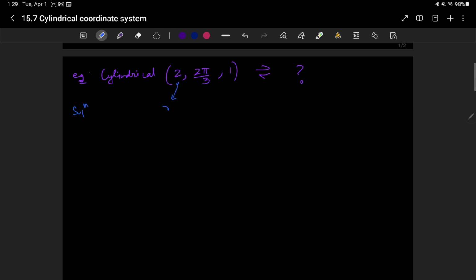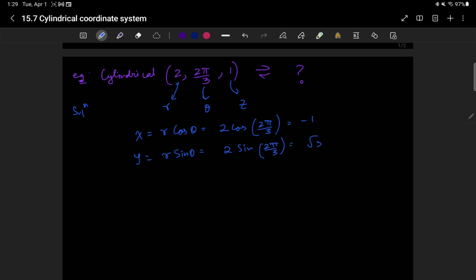Comparing the positions, that's r, that's theta, and then that is z. If I have r and theta, I can find xy. This is r cosine theta, which is 2 cosine 2 pi over 3, which comes out to -1, and r sine theta, which is 2 sine 2 pi over 3, which comes out to √3, and then z is just 1.